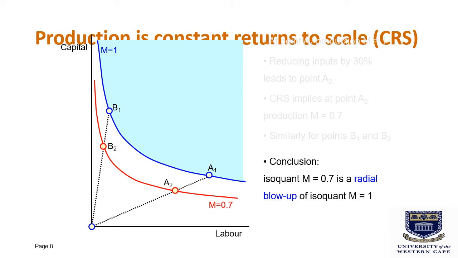So we can now draw a new isoquant between B2 and A2. And that will represent all the capital and labor quantities that will give us an output of 0.7. A new isoquant basically that is equal to 0.7.